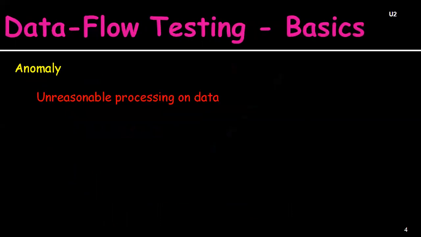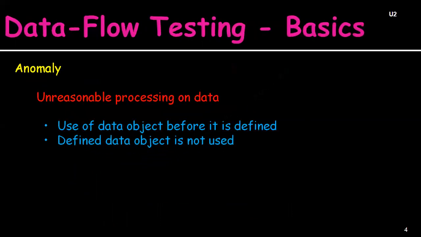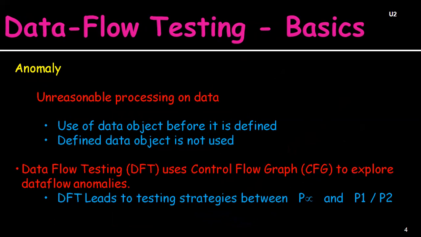Now, coming to the anomalies of data flow testing. The anomalies that arise in data flow testing could be because of two reasons: unreasonable processing on data. That is either use of the data object before it is defined, or defining a data object which is not used at all.